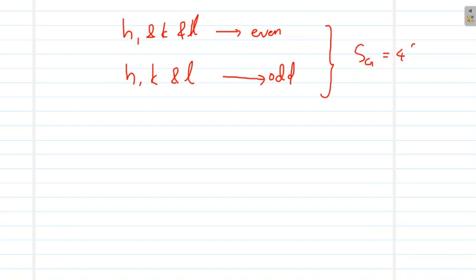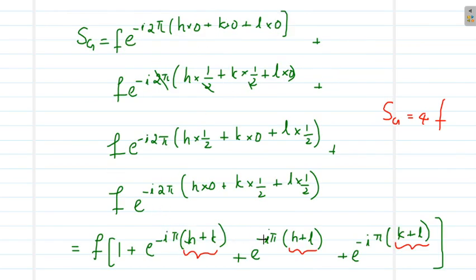Sg equal to 4f. But what will happen if these numbers are mixed odd and even? Suppose h and k are even and l is odd.